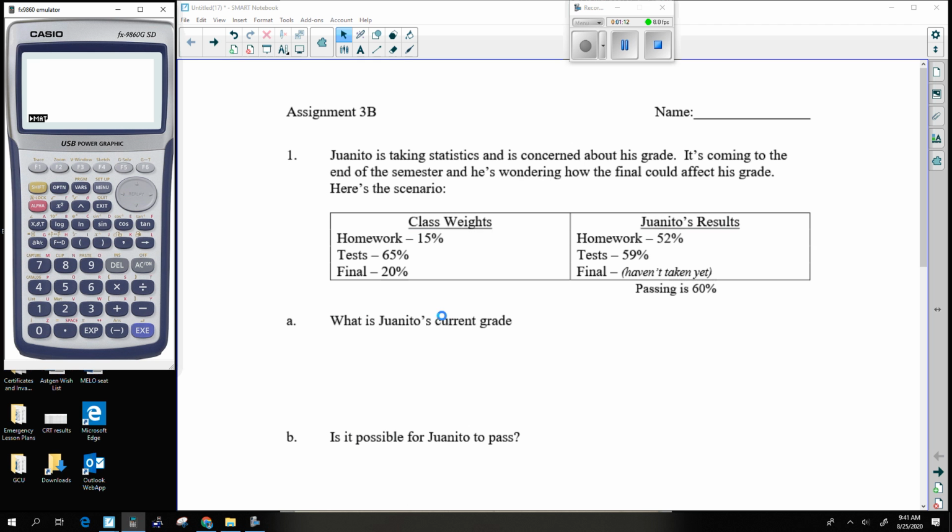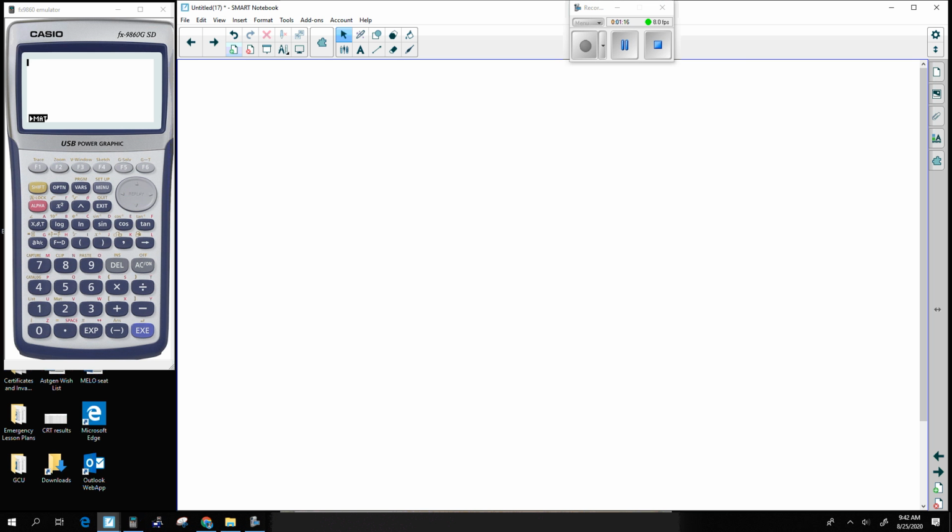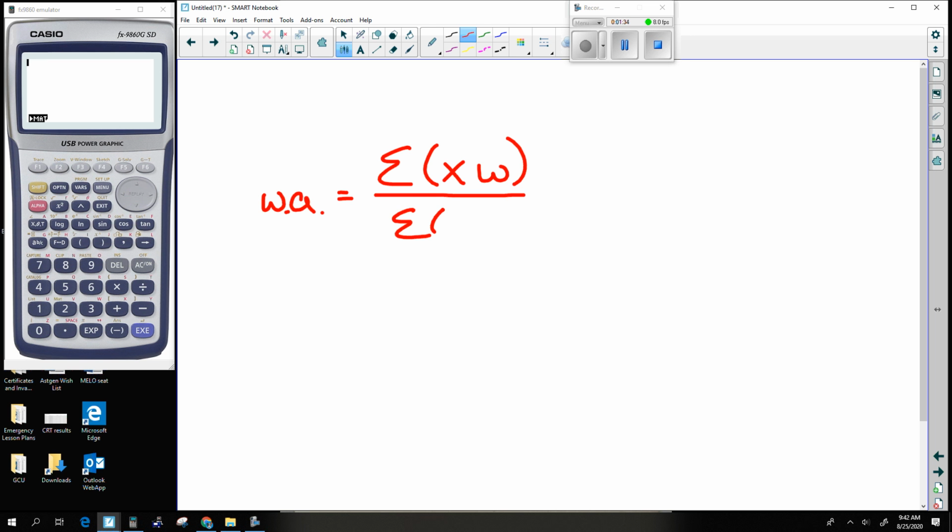In general, how you find a weighted average of something is, I'll abbreviate it, if you take a look at a formula sheet, it's going to be XW divided by the sum of W, where X is your scores and W is the weight of something.